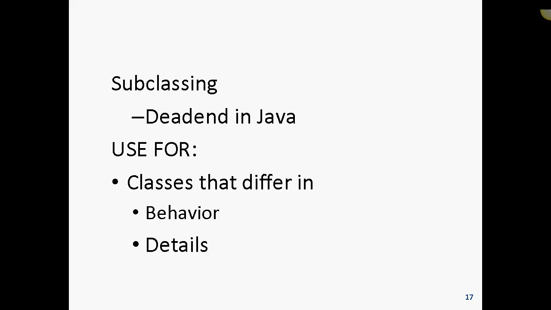In Java, we typically have what I would call the dead end of subclassing. Nobody else calls it that, but I do, because Java does not have multiple inheritance. So if you have a class which subclasses a parent class, that's the only parent it can subclass. So it can't inherit behaviors from multiple superclasses like you can in C++.